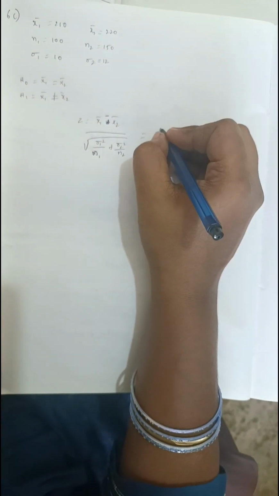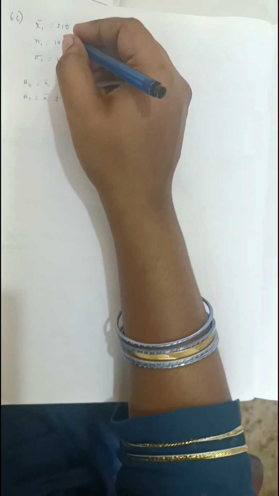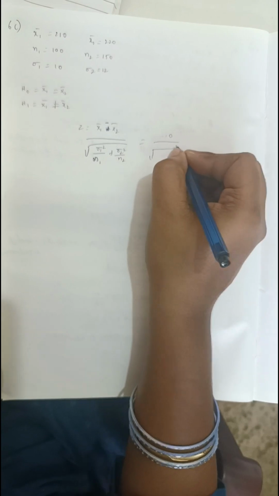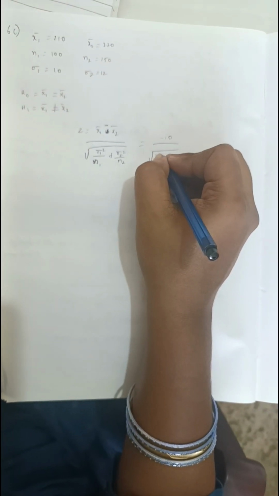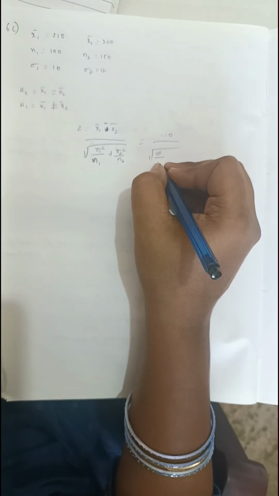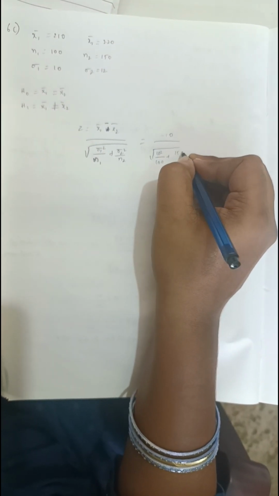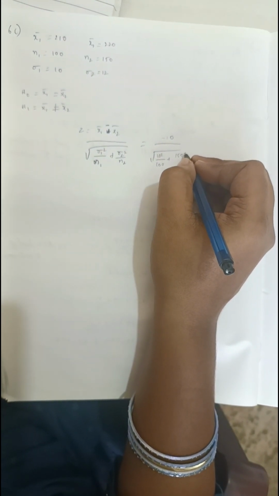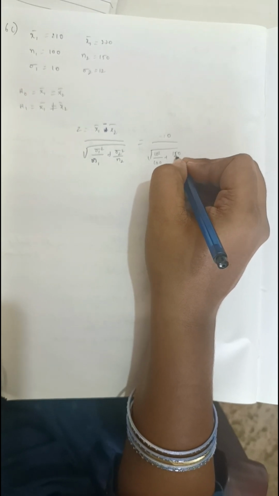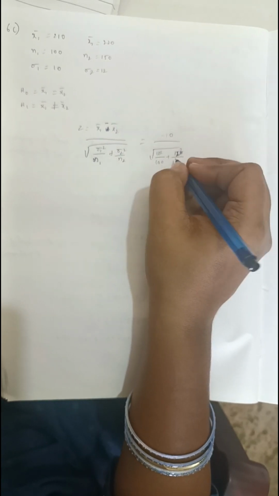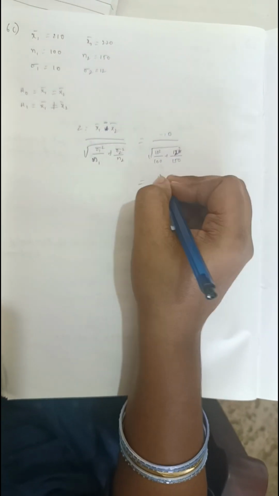Substitute, we get 210 minus 220, that is minus 10, divided by square root of sigma 1 means 10 square divided by n1 means 100 plus sigma 2 means 12 square divided by n2 means 150. This can be simplified.